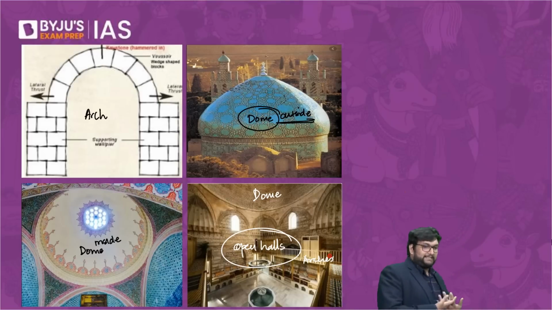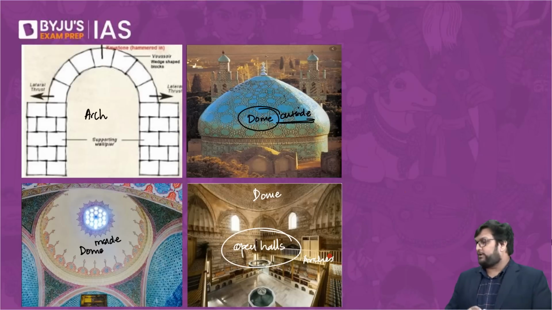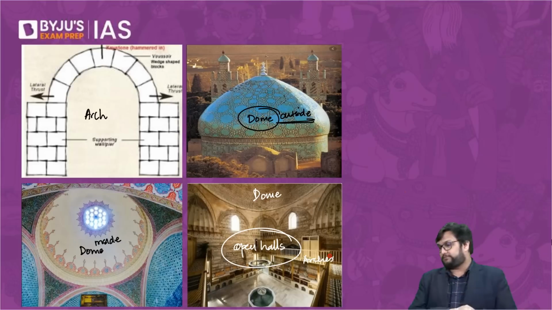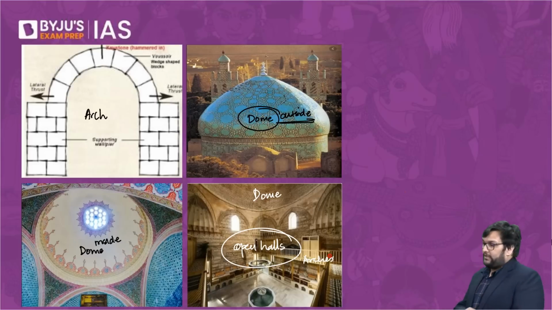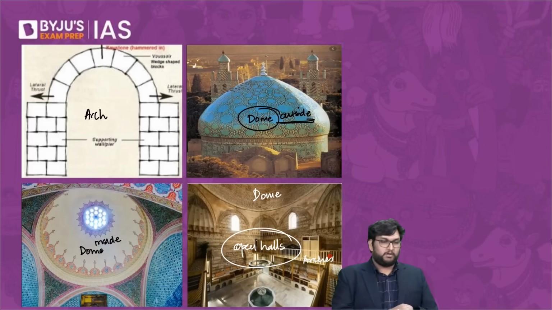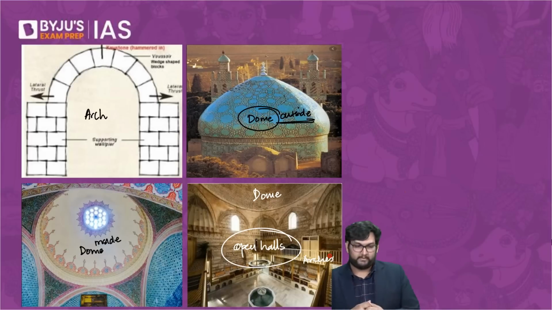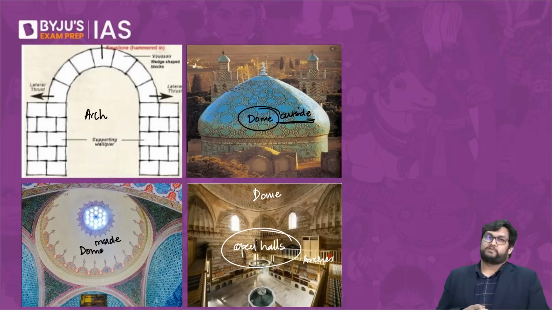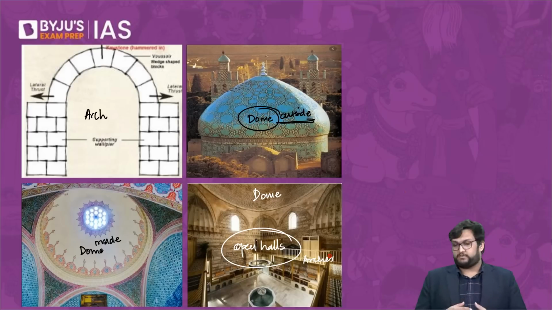And this architectural technique was so important that till today, most of the big halls are made like this only. Any hall which you see where there is no pillar in between, the same type of design and technology would have been used.